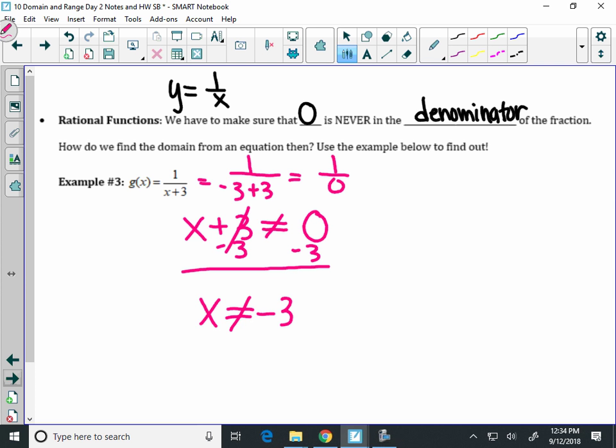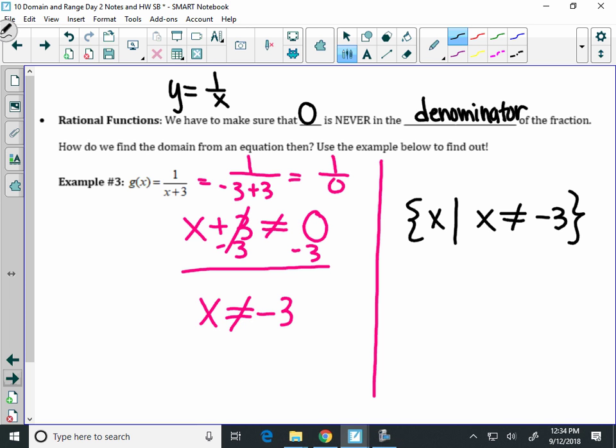You can pick anything else except that. So if you want to write your domain here, we're going to stick to set notation with the curly brackets. You'd say we can pick any x where x is not equal to negative 3. That's how you would write your domain for this problem. That says you can pick any x you want as long as it's not equal to negative 3.